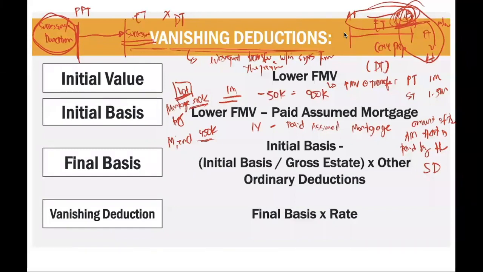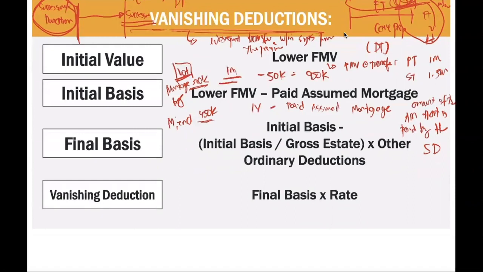Next, we compute for your final basis. To compute for your final basis, that is initial basis less your initial basis over gross estate times other ordinary deductions. So in short, you get your initial basis, which is already 950,000, and then you multiply it by 950,000, the initial basis, over the total gross estate, multiplied by your other ordinary deductions.